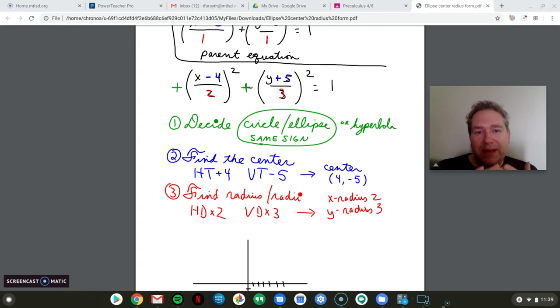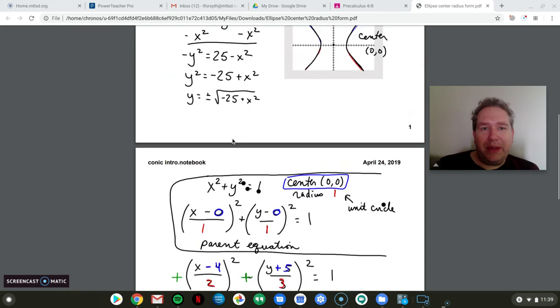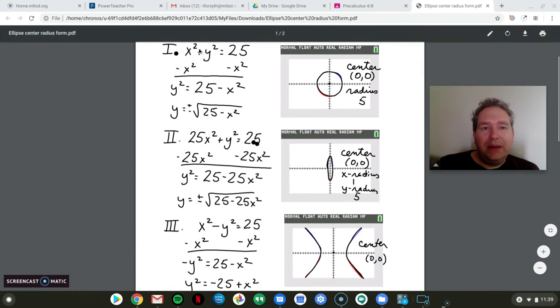And the way to tell that is the signs on the outside of them. Not the inside signs here, but in green, on the outside of them, okay? If they are the same, it's always going to make it a circle or an ellipse. Look, you can see that up here.